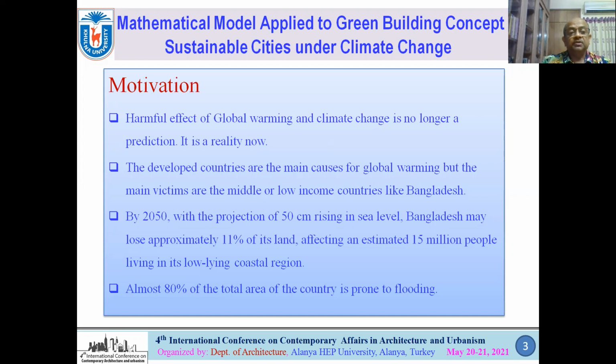By 2015, with the projection of a 50 centimeter rise in the sea level, Bangladesh may lose approximately 11% of its land, affecting an estimated 50 million people living in the low-lying coastal region. Almost 80% of the total area is prone to flooding. So this is the very basic information about the effect of global warming and climate change in Bangladesh.